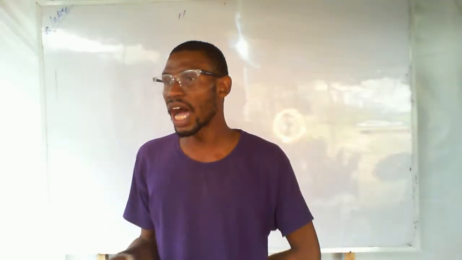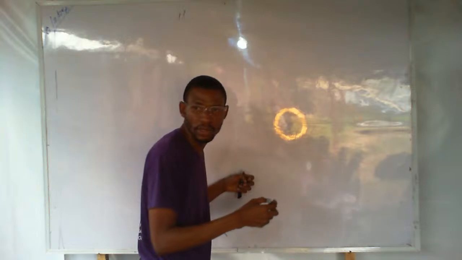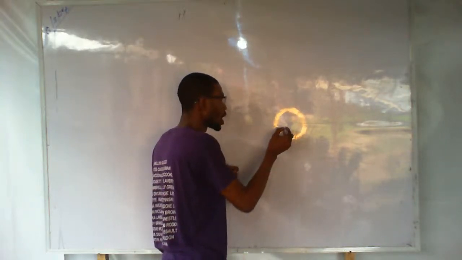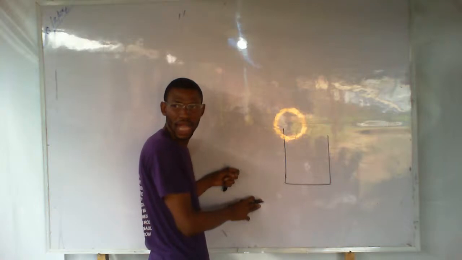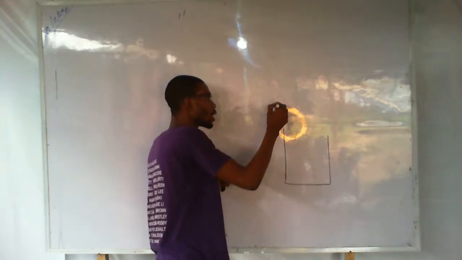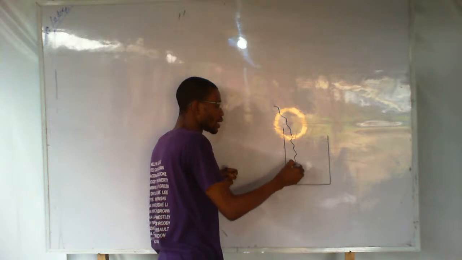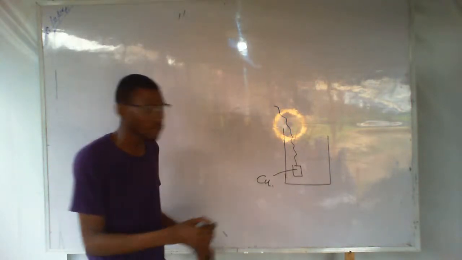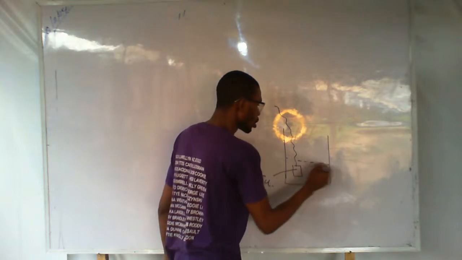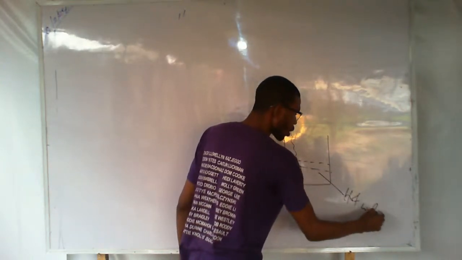There are times you may have a container like this. Look at the board, please. Let's say you have a container like this. You now take a rope and suspend, let's say this is copper, and let's say this is hot water.